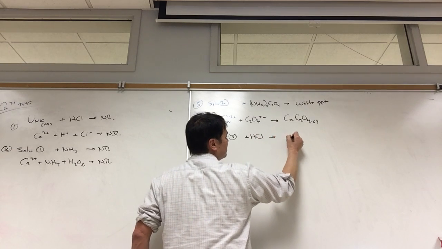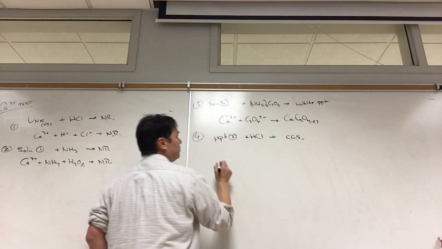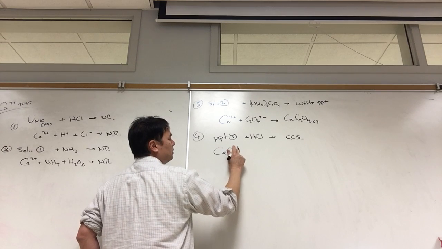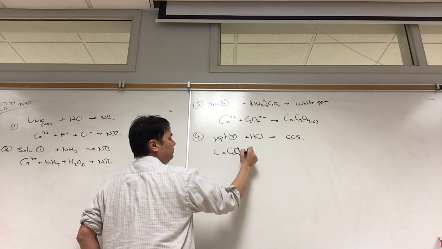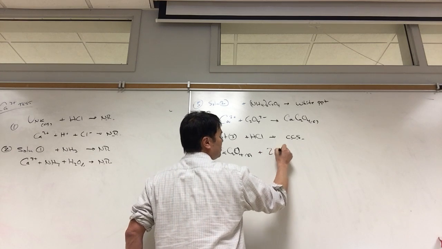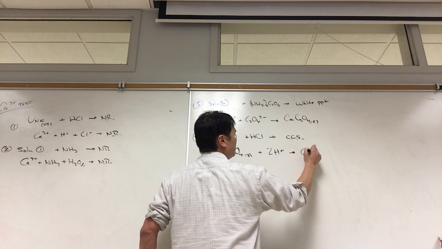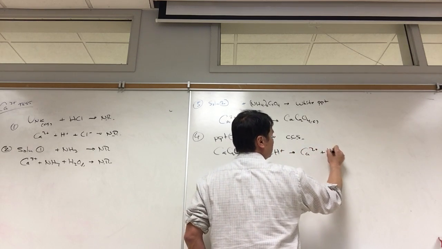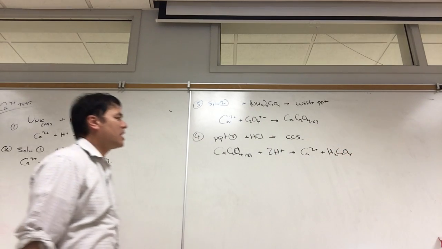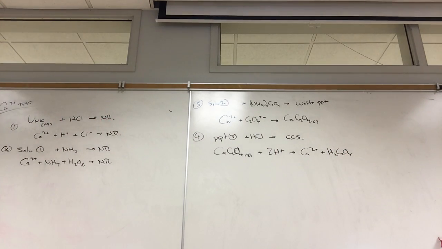This is going to give us a CCS, a clear colorless solution, because calcium oxalate solid plus 2H+ yields calcium ions plus oxalic acid. So this would just be a metathesis, stronger acid to weaker acid type deal.